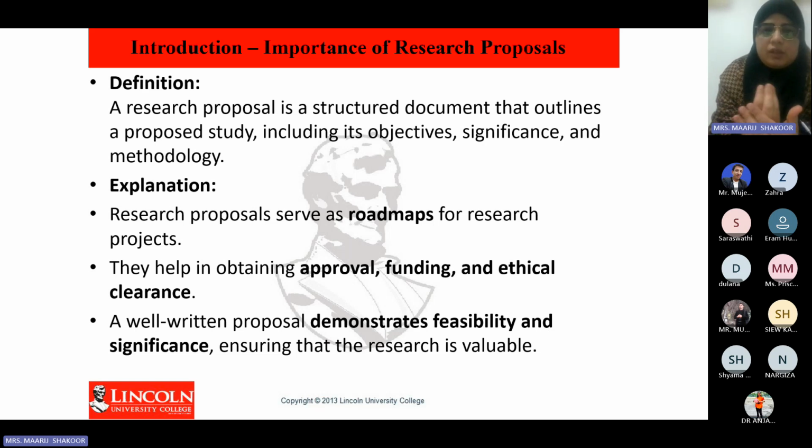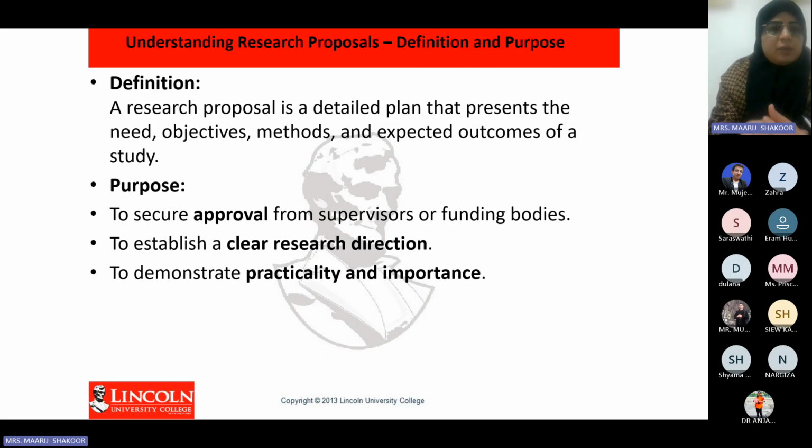Okay, the novel idea, the novelty, is shown whenever the novel idea is there. A well-written proposal demonstrates feasibility and significance, ensuring that the research is valuable. Yes, it is already shown from your work that it is feasible and easily understandable. Okay, understanding research proposal, definition and purpose.